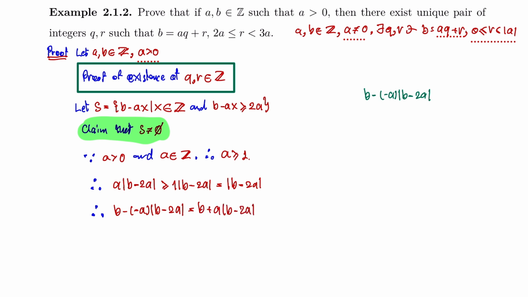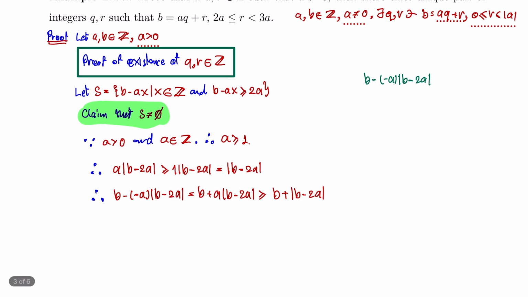But b minus 2a is greater than or equal to what? To b plus b minus 2a. So I have to show that this term is greater than or equal to 2a.